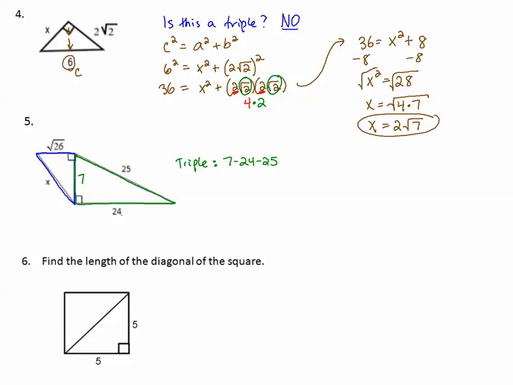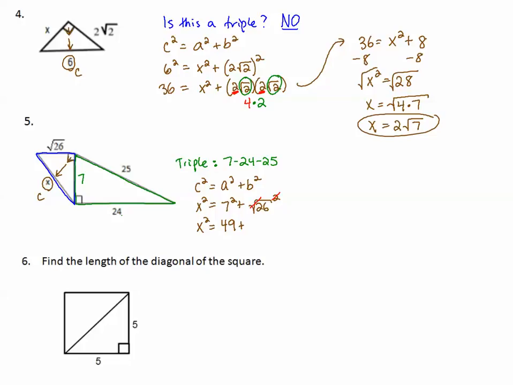So now I can use the Pythagorean theorem. C squared equals a squared plus b squared. Here's the right angle. Use it like an arrow. There's the c. X squared equals 7 squared plus square root of 26 squared. X squared equals 7 squared is 49. Square a square root. They cancel each other out.